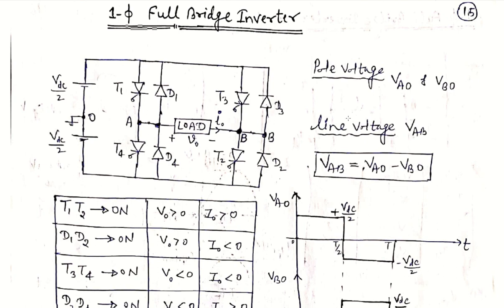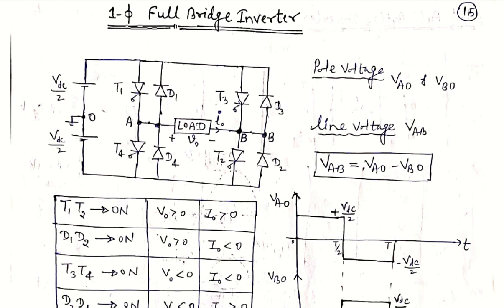So what is the pole voltage? Pole voltage is the voltage between the point A and O. A is the point where the output load terminal is taken, and point O is the virtual neutral point, because it divides the supply voltage into two parts. It is a neutral point.